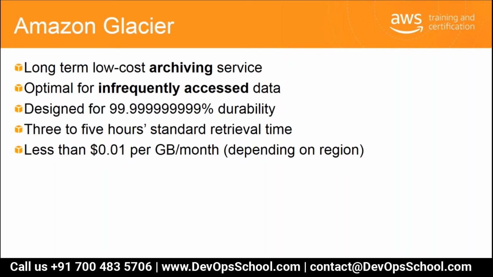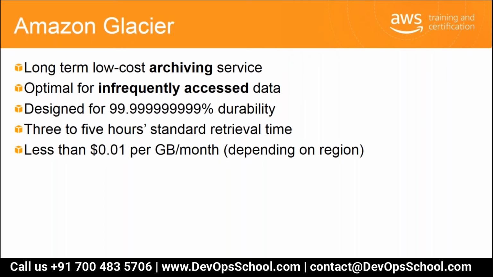And then there is Amazon Glacier. It is an extension to S3, which provides you an archival service at a very low cost. It is good for infrequent access data, which is not frequently accessed. You might want to archive them. It is designed for 11 nines durability, which is as good as S3. But the difference here is you will have a standard retrieval time of 3 to 5 hours.